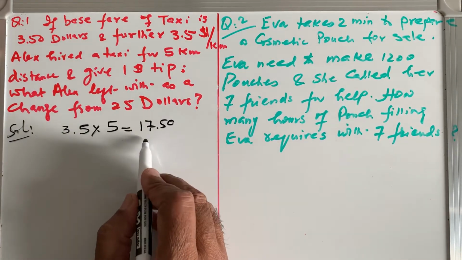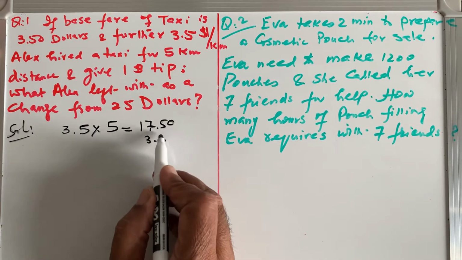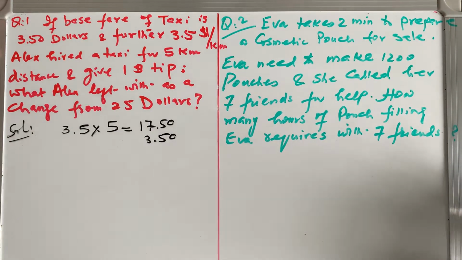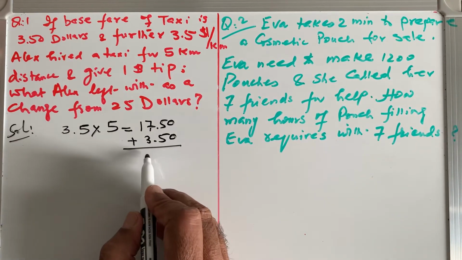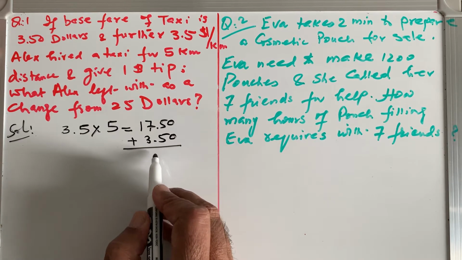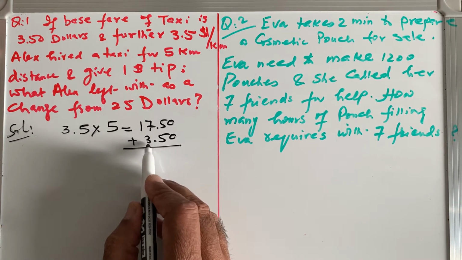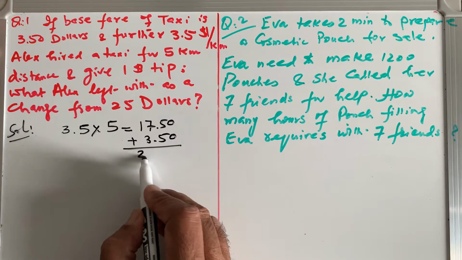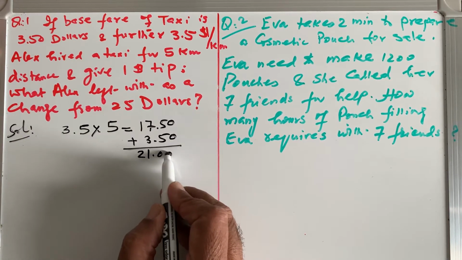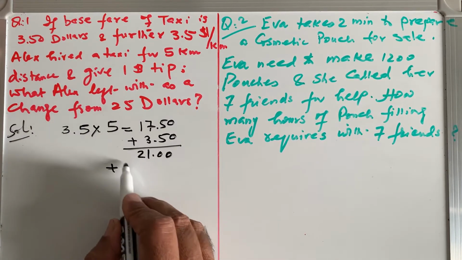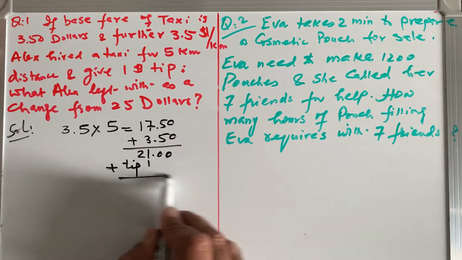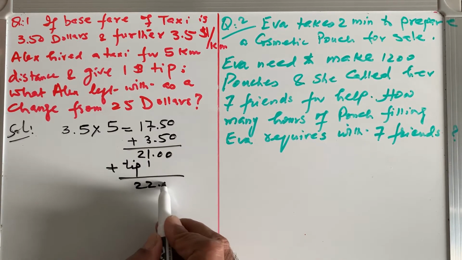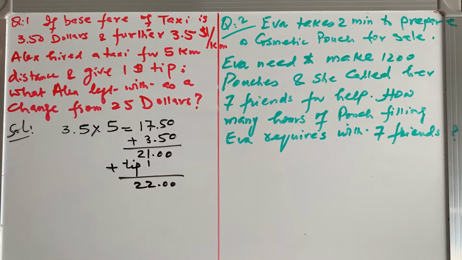But on top of this, he has to pay $3.50, and on top of this he paid a $1 tip. So 7 plus 3 is 10, so it is $21 plus the $1 tip, so it goes to $22, right?